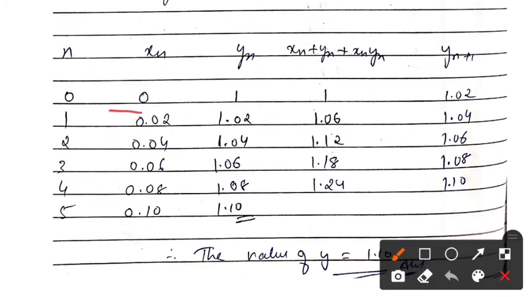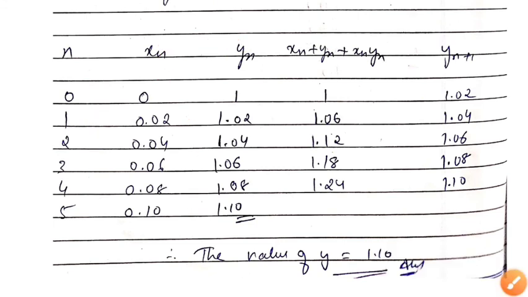See, this is your first interval, this is your second, third, fourth and fifth. 5 intervals means 6 values, right? So now I will write all the values of n over here. Initial condition given to you, so here you can see h is 0.02. This will be your h.